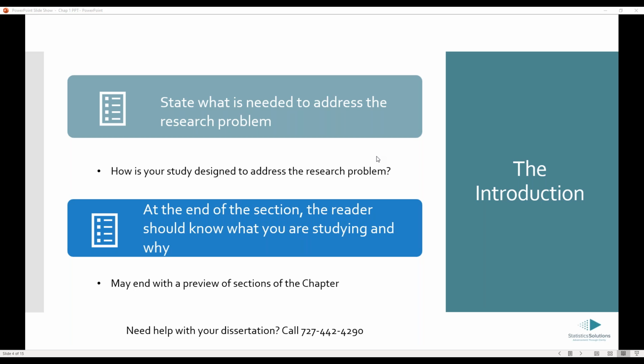Introduce the research problem, why the research is needed to fill this gap or issue in the research. When your reader finishes the introduction part of Chapter 1, they should know what you're studying and why. Again, you're going to get into details as the chapter progresses, but the information should be there to give the reader generally a sense of what you're doing and why you're doing it.